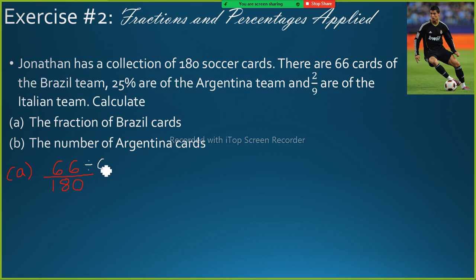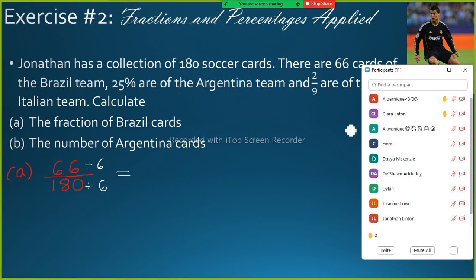Yeah, 6. 11 over 30. Very good. 66 divided by 6 is 11, and 180 divided by 6 is 30. So the answer is 11 over 30.